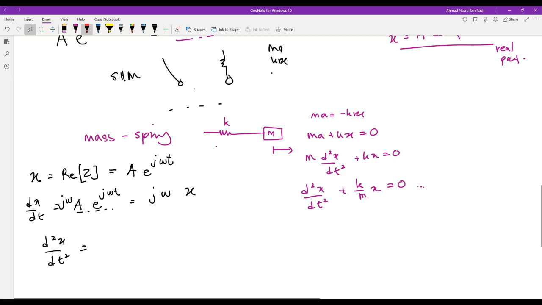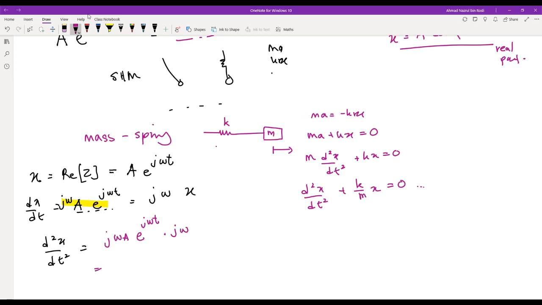Next, double differentiation. For double differentiation, we differentiate this over t. So again, j omega a becomes constant, it doesn't have a t function here. When we differentiate exponential j omega t, the exponential will not change. And then we differentiate inside j omega t, it will be times j omega again.